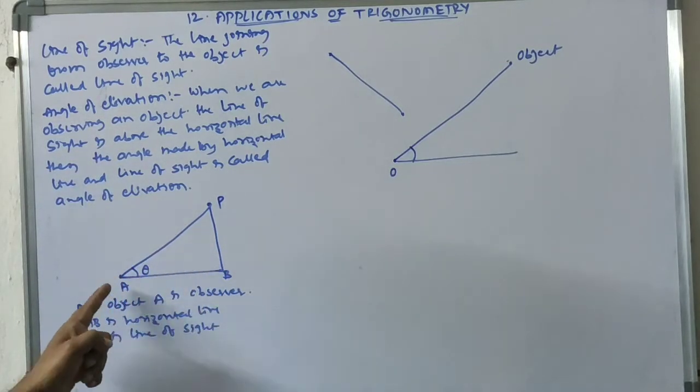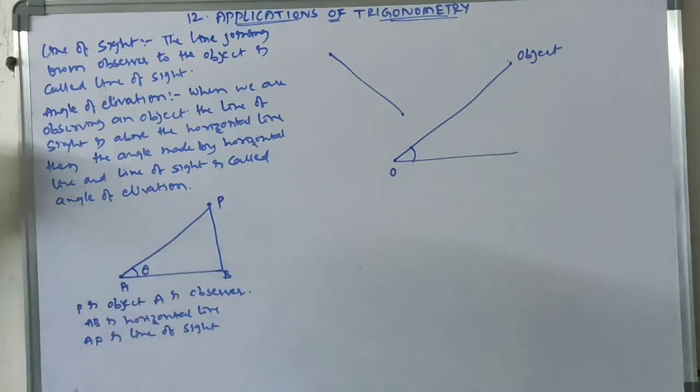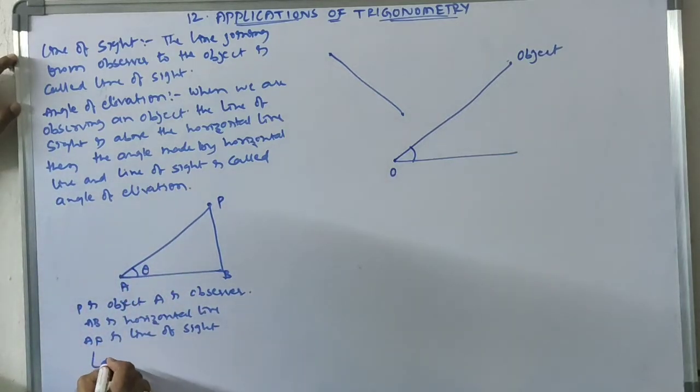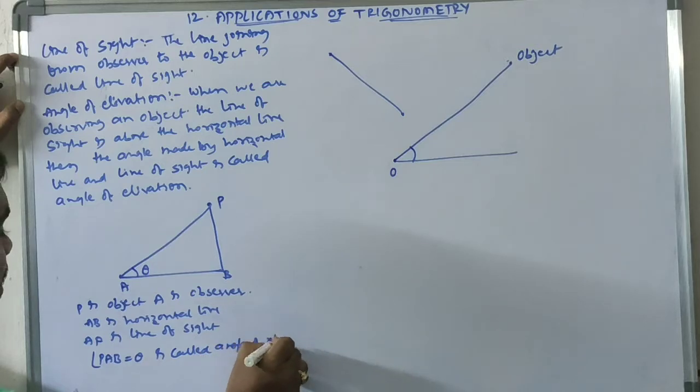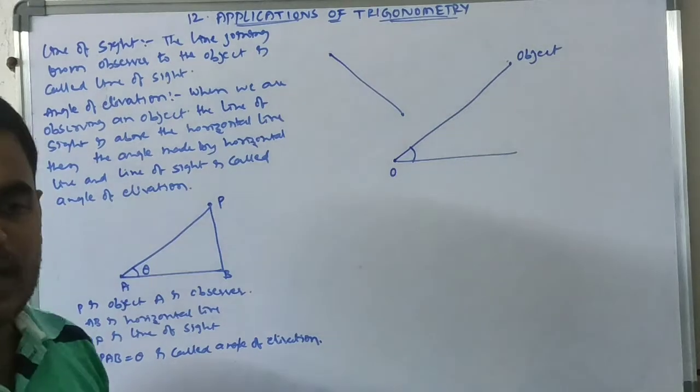AB is the horizontal line, and AP is the line of sight. Then angle PAB equal to theta is called the angle of elevation.